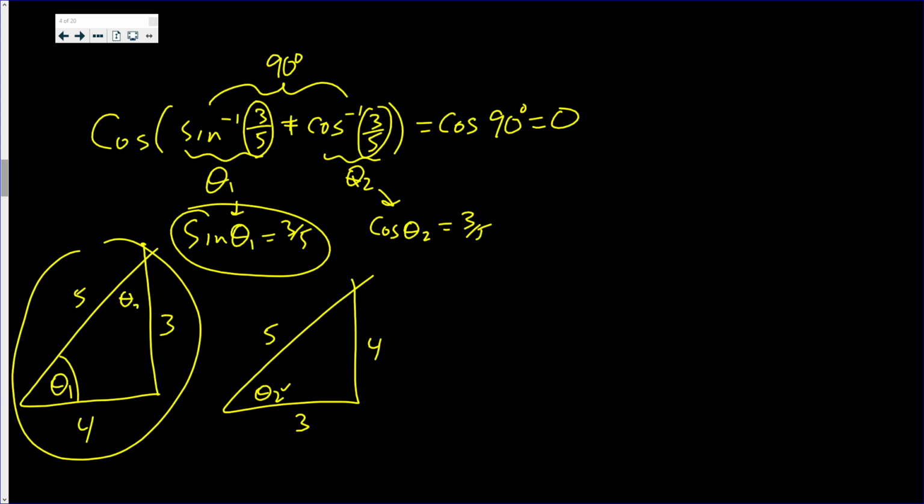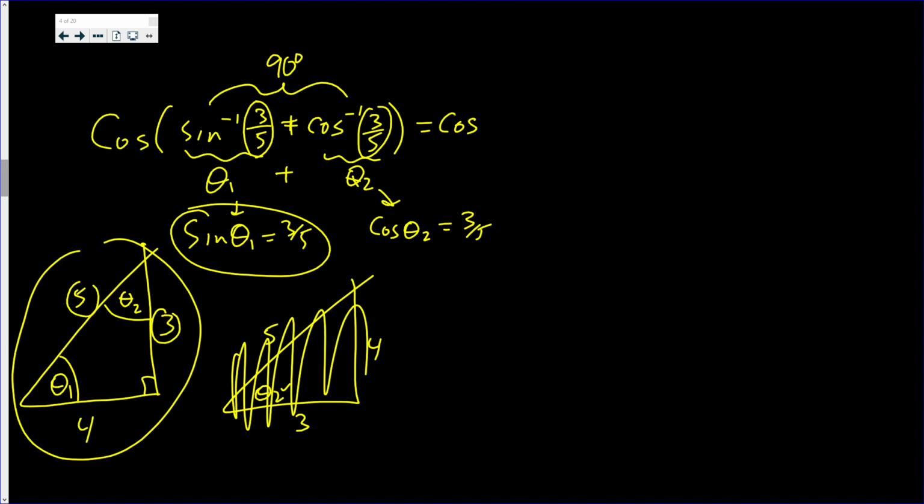But if I put theta 2 there, the cosine of this angle is also 3 over 5. I don't need the other angles. I'm computing the cosine of theta 1 plus theta 2, but that sum is 90. So it's the cosine of 90, which is 0. It's always going to be 0.